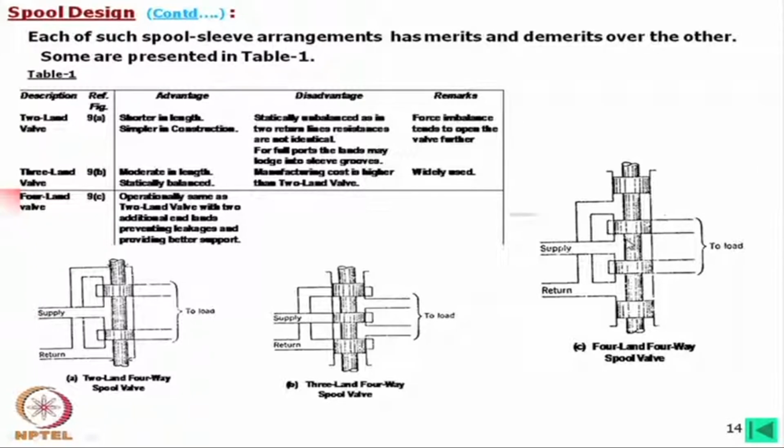So, this unbalance will be there, but as there is a land support, there is no chance it will go into the groove, and also the leakage will be less. In that case, this is directly open to the outside, and the leakage has to depend only on this seal. In that case, this path and then sealing. Okay. So, operationally these two are the same, but this has much better performance, whereas this is a slightly different configuration.